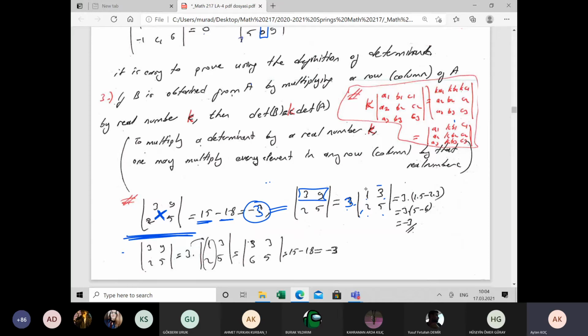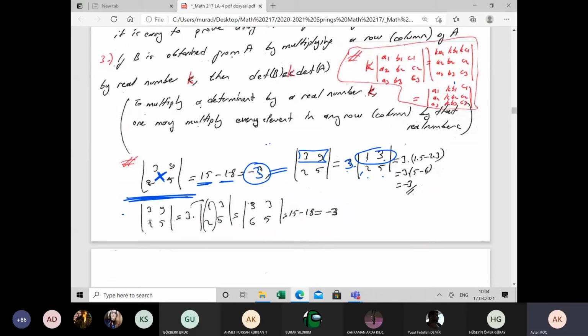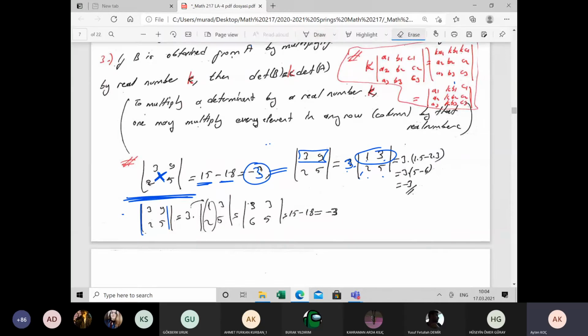Or, for example, take the same determinant and look at the last row. We know that this determinant is 3 times this one.